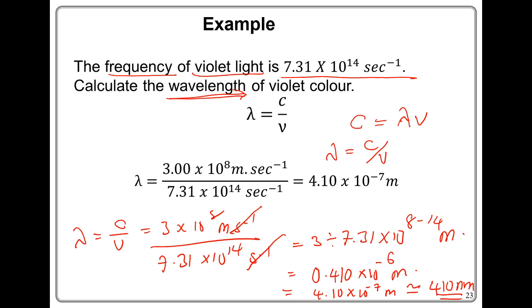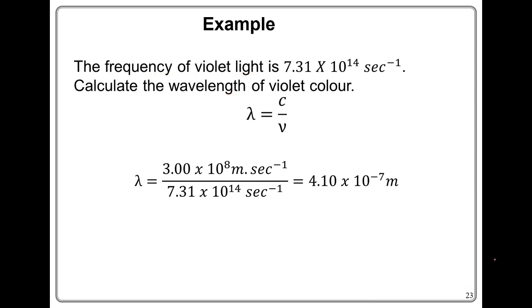Because if you were to convert this into nanometers, what you get is 4.1 times 10 to the power minus 7. Then you know that 1 meter is equal to 1 times 10 to the power 9 nanometers. So this is in meters, and you just substitute in the equation.